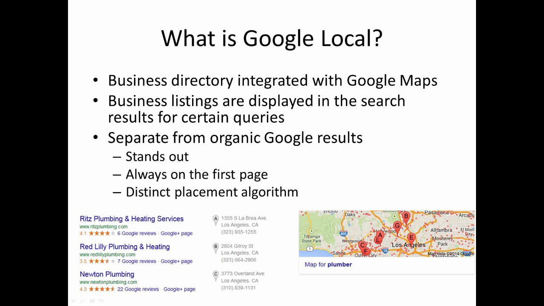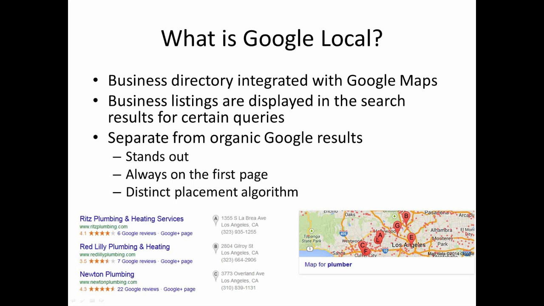And also, the business listings are displayed in the search results for certain queries. So that's what we're going to be talking about. How do you get your business listing to show up in the search results for certain queries? In general, the Google Local results are separate from the organic results. Normally when you search something in Google, you just get a list of very samey looking websites with a short description under the link to the website.